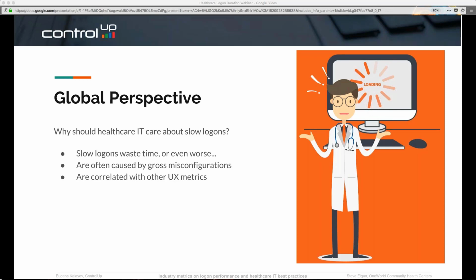Over time, any IT environment develops all sorts of unwanted phenomena and misconfigurations. Let me give you a common real-world example that we're seeing. A user profile misconfiguration can cause massive amounts of data to be copied from a file share to the local profile during logon.